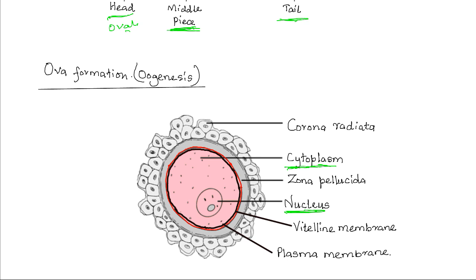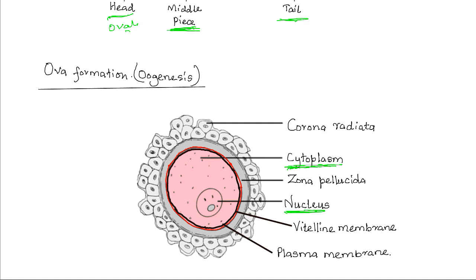But in the case of the human, the food reserves in the cytoplasm, though present, is not as much. So it provides the nutrients during the early stages of development before the embryo is implanted in the uterus.